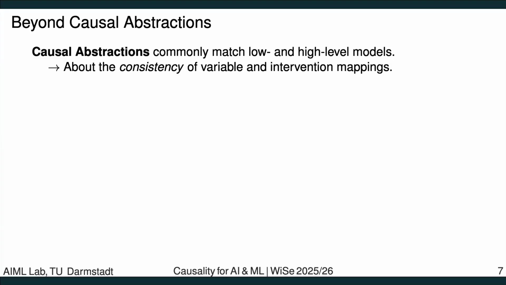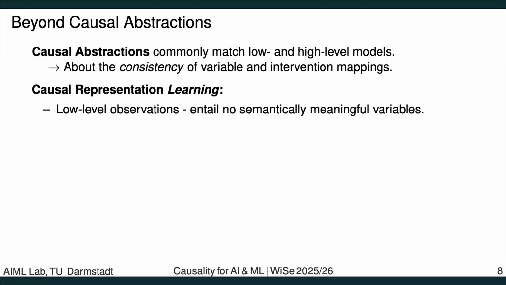And there it was more about the consistency of these transforms. And now with causal representation learning, we are almost always in the setting where the low-level models entail no semantically meaningful variables, so mostly pixels or maybe some sound or audio sequence.